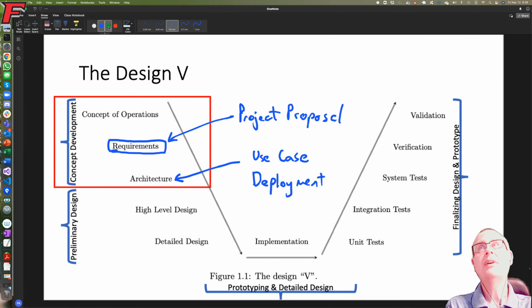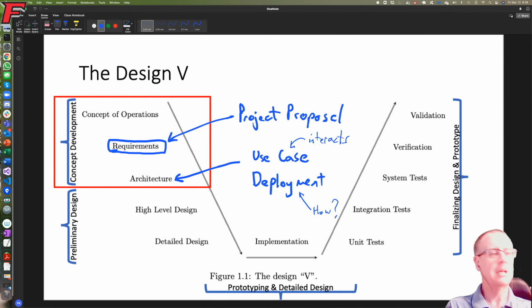Right? And the use case diagram is still about requirements, but it's about how the system interacts with the people who are interested in it. And then the deployment diagram is starting to talk about what are we building, or rather how are we building it. What are the key physical pieces that we need?